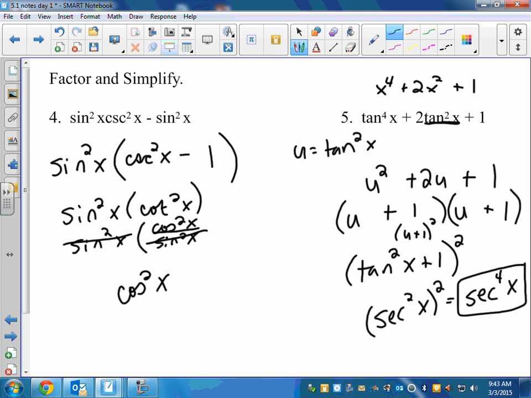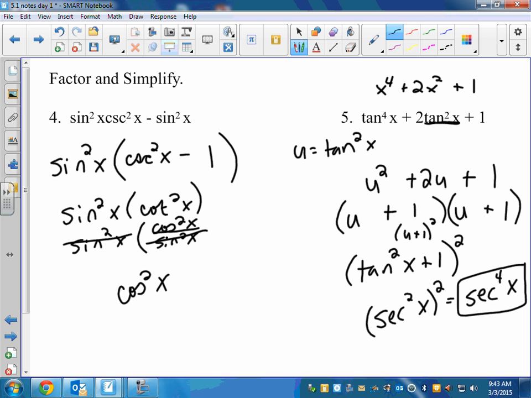You just say it's secant squared x, squared, if you put the parentheses there. So here's why it's important to write your exponents or to use parentheses. Because if you just wrote this, am I going to count that right? No, because that looks like the x is squared, not the trig function. So as long as you put parentheses like that, I would count it right. This is a better answer, but that's the same thing. You just didn't distribute your exponent.